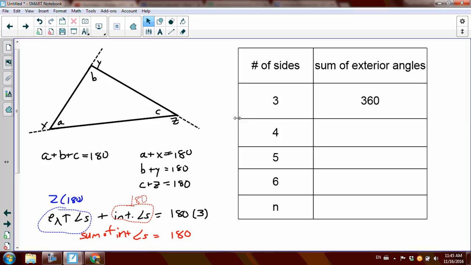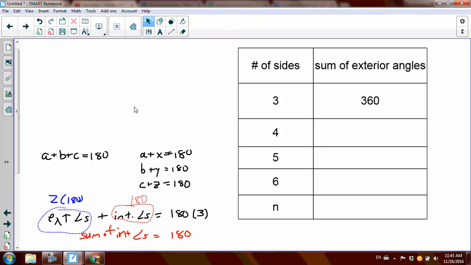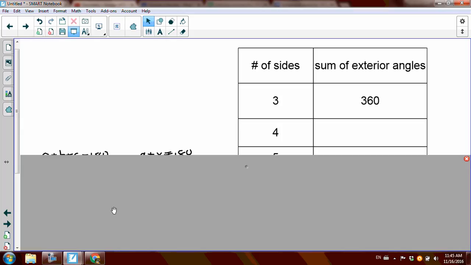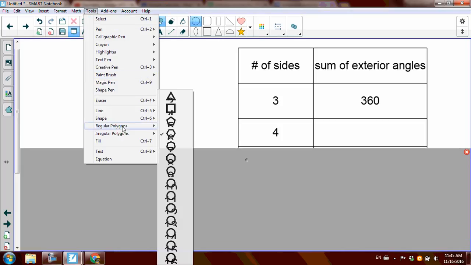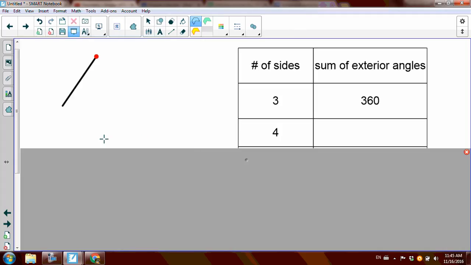Okay. Now let's check out a quadrilateral. I'll hide some of that stuff down there so it's not distracting. Random quadrilateral. All right.